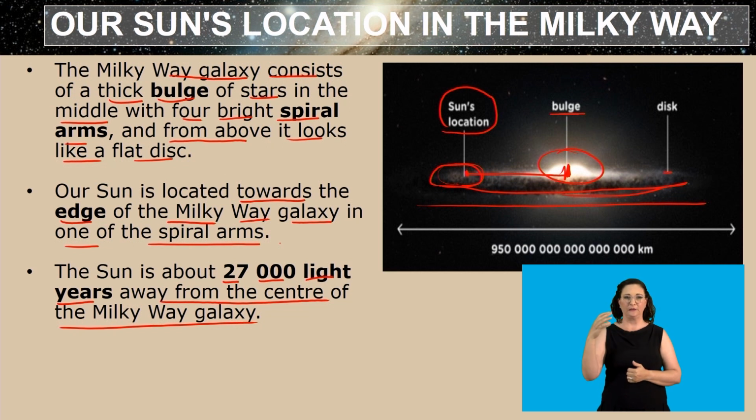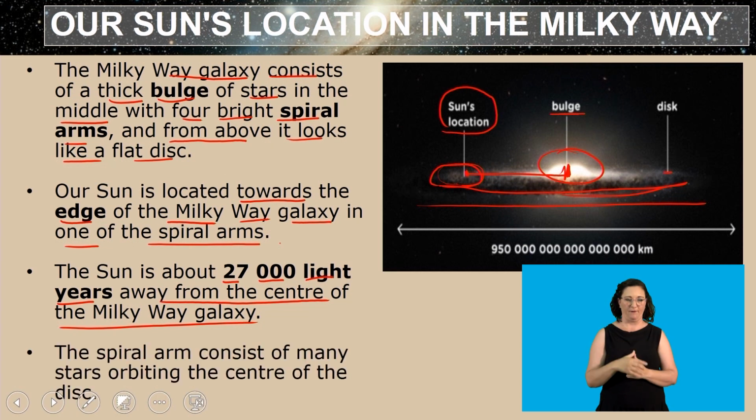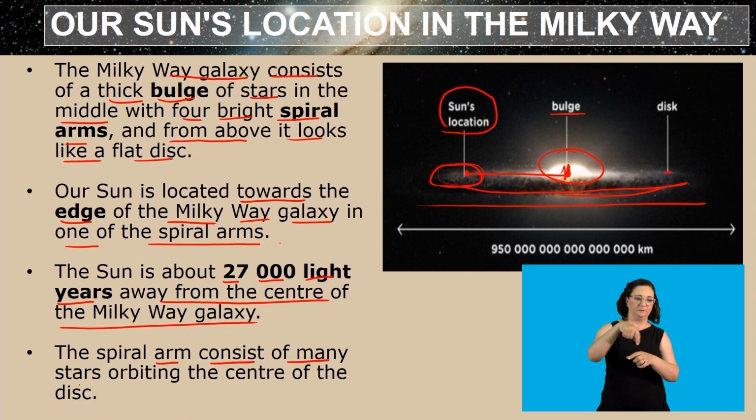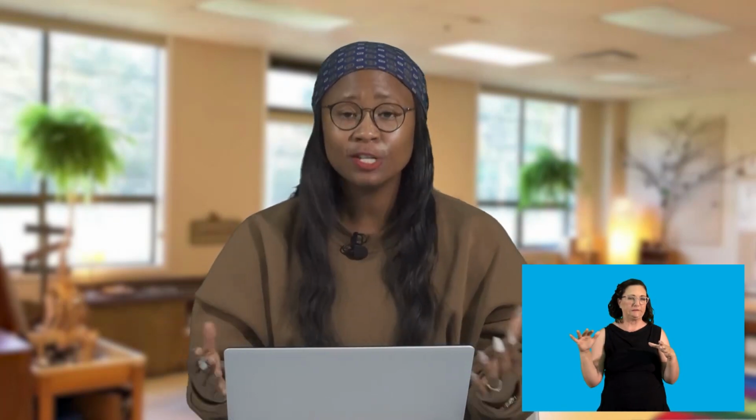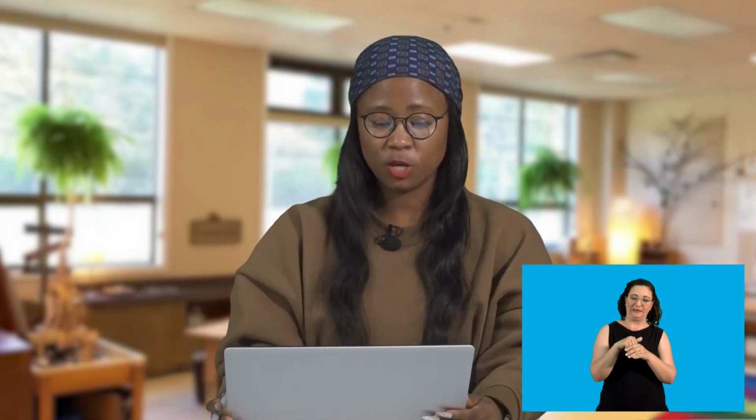The spiral arms consist of many stars orbiting the center of the disk. The Milky Way, as we have said, consists of billions and trillions of stars. So many stars that you see around you form part of the Milky Way galaxy.